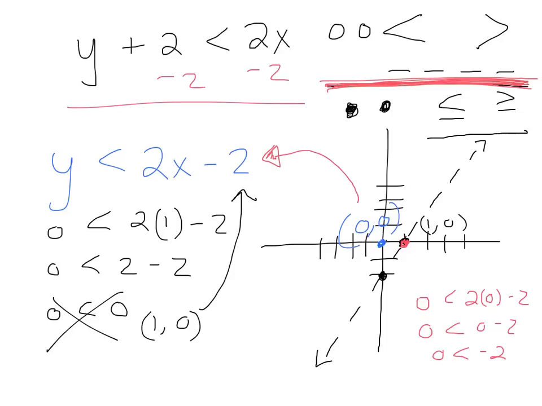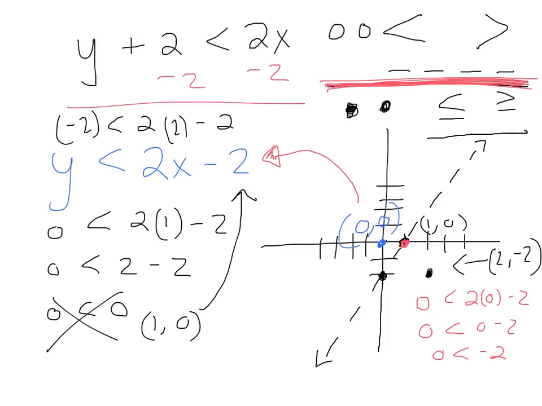But what if we try a point that's on this side of the line? This is the point 2, negative 2. This point right here. And if we plug that into the original inequality, would that make a true statement?